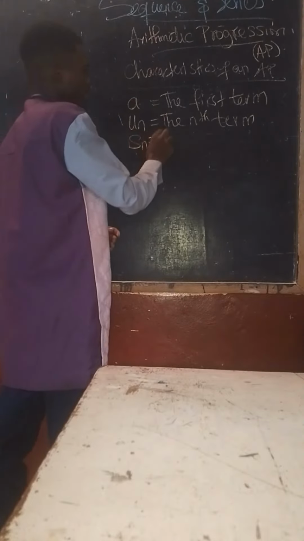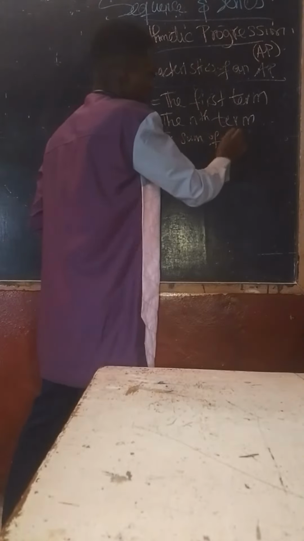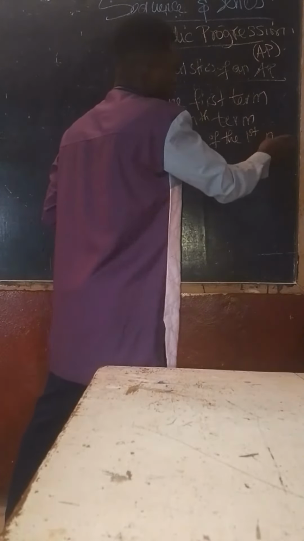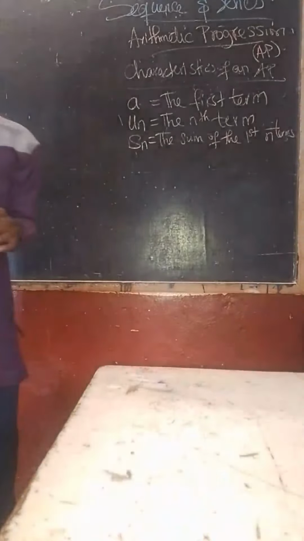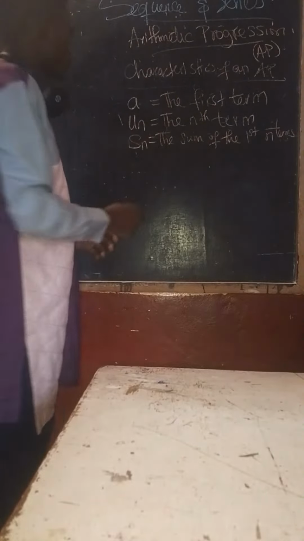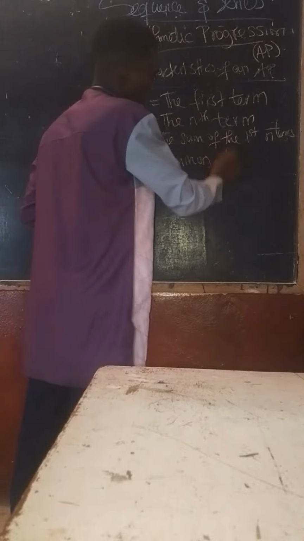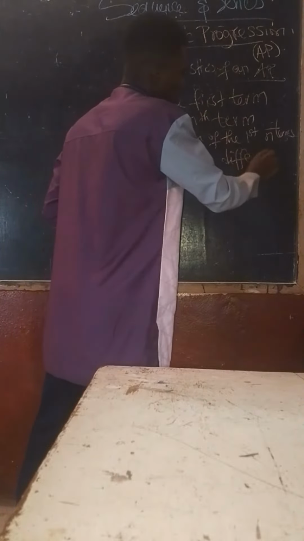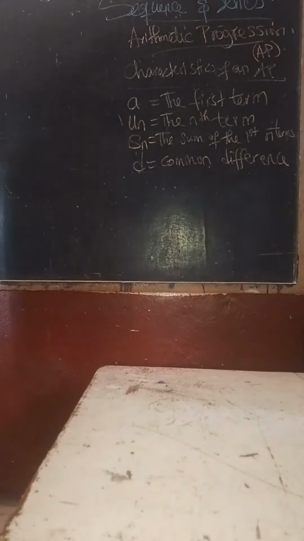Sn represents the sum of the first n terms. d represents the common difference.